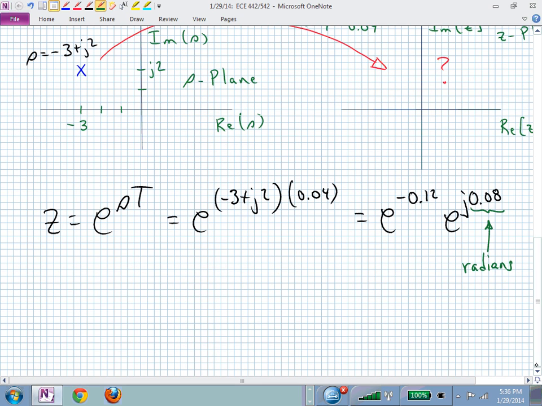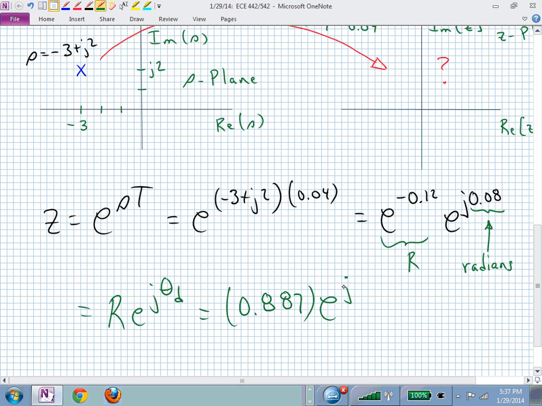If we compute these numbers, that gives us a radius r and an e to the j theta. So I could say that's r e to the j theta sub d, and the r in this case is e to the minus 0.12, which ends up being 0.887.